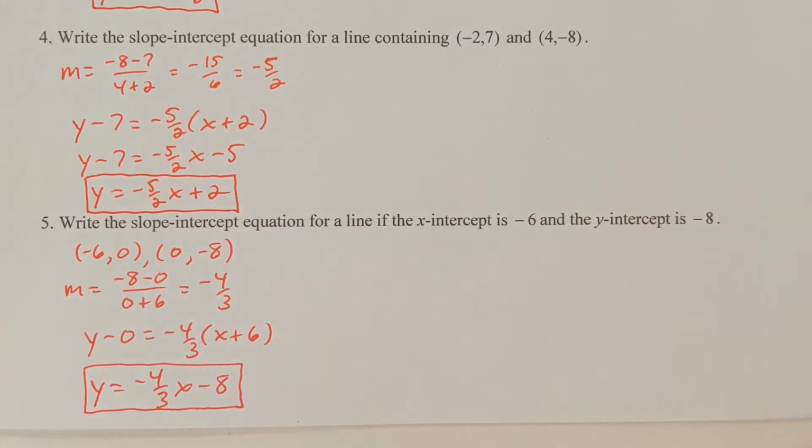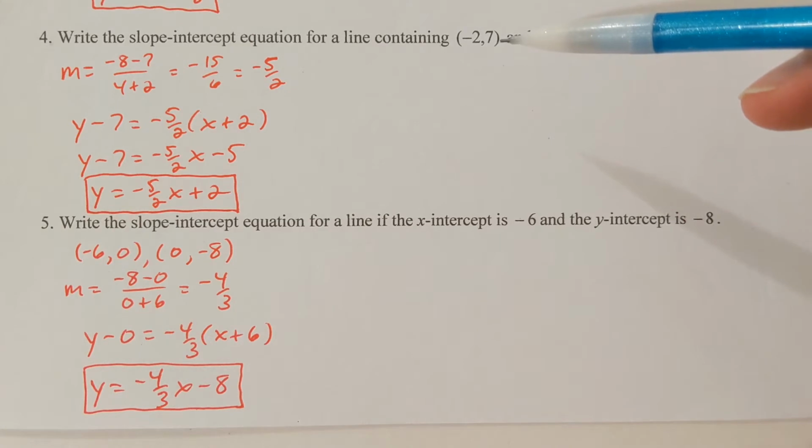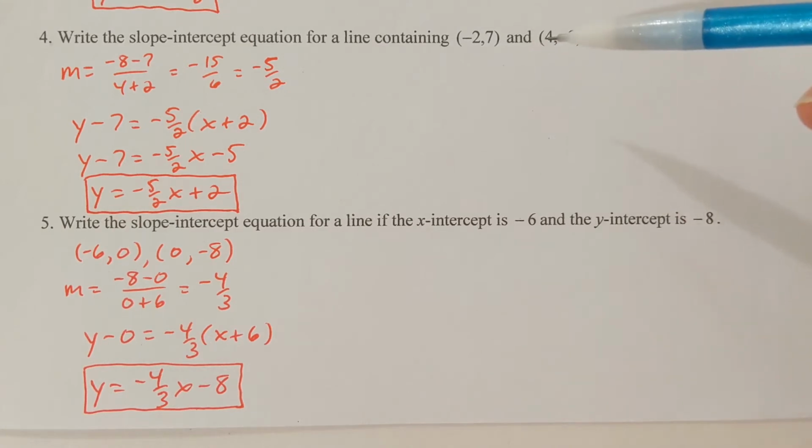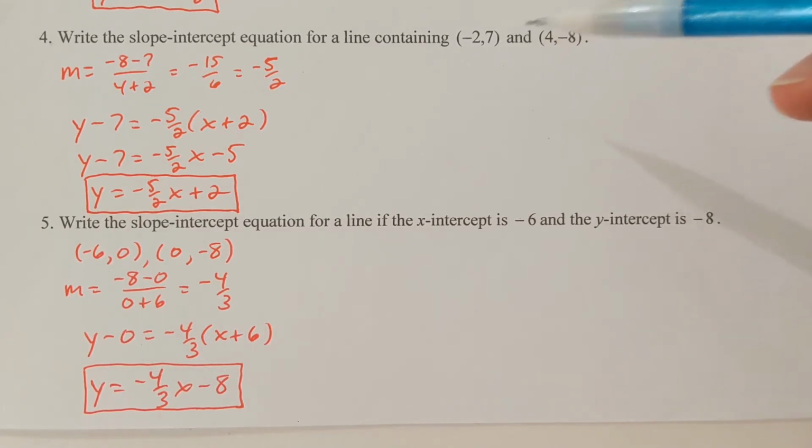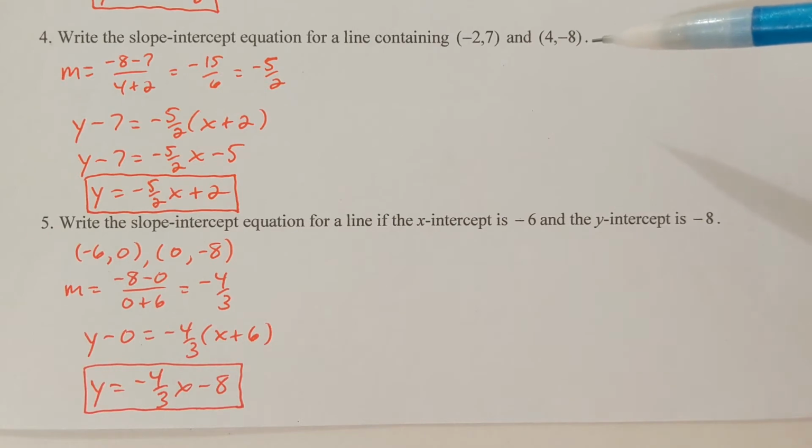Write the slope-intercept equation for a line that's containing the points (negative 2, 7) and (4, negative 8). Well, the first thing that we're going to have to know is the slope of this line. Change in y over change in x. x1 is negative 2, x2 is 4, y1 is 7, and y2 is negative 8.